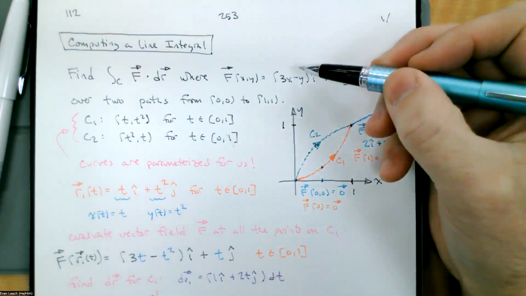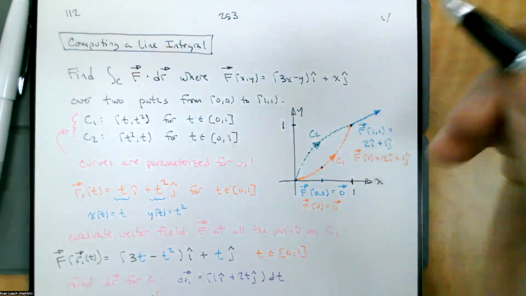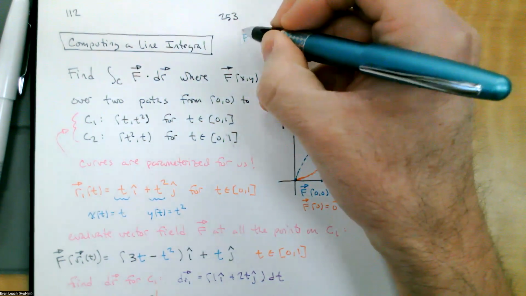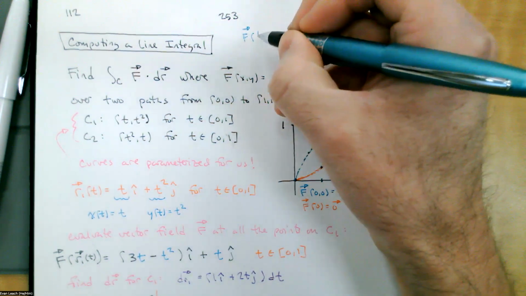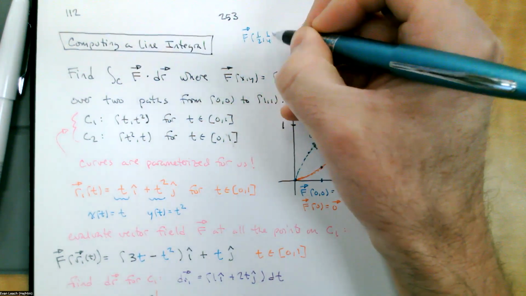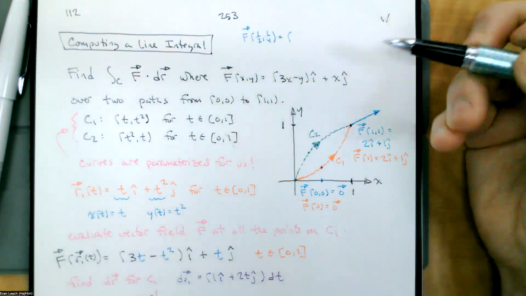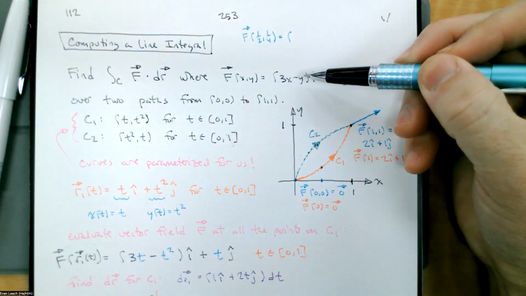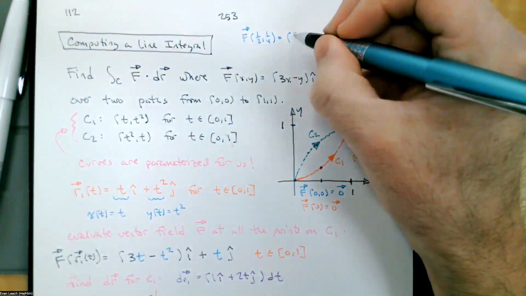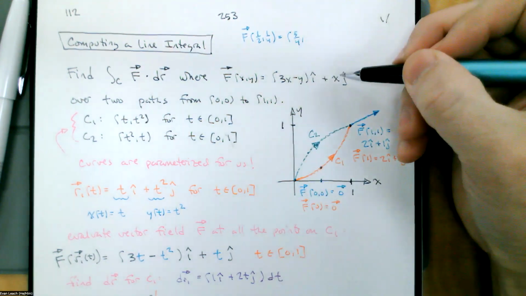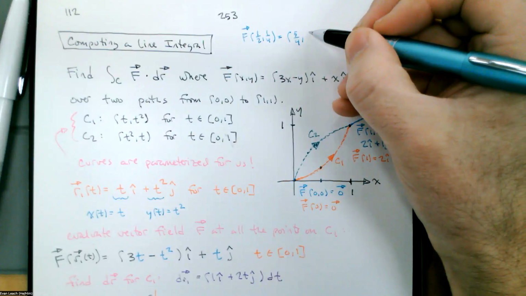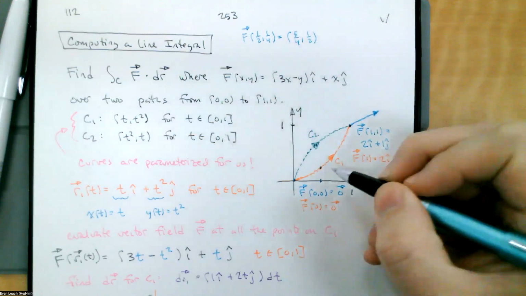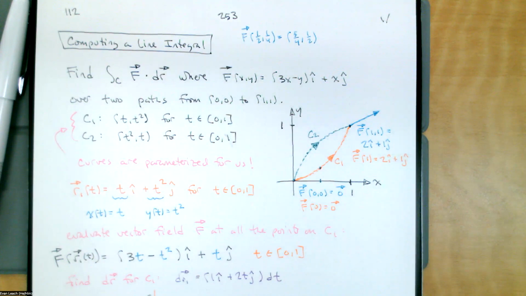If we evaluate the vector field at the point 1/2, 1/4, I get 3/2 minus 1/4, so 5/4, and plus x, which is 1/2. So at this point, halfway along our path, we are experiencing the vector 5/4, 1/2.